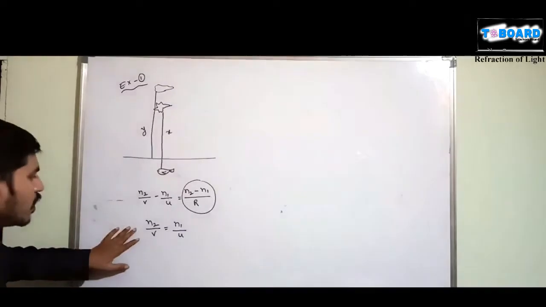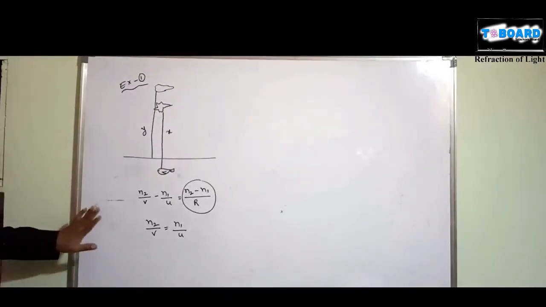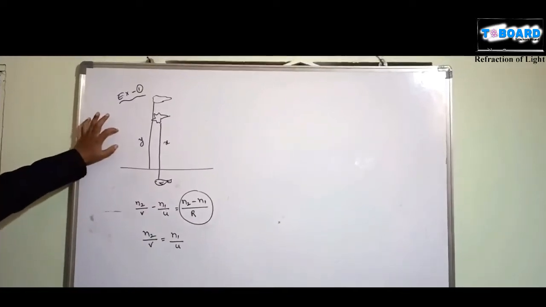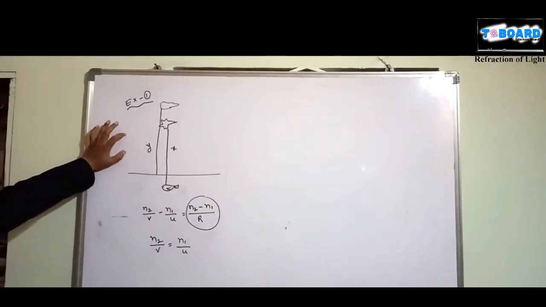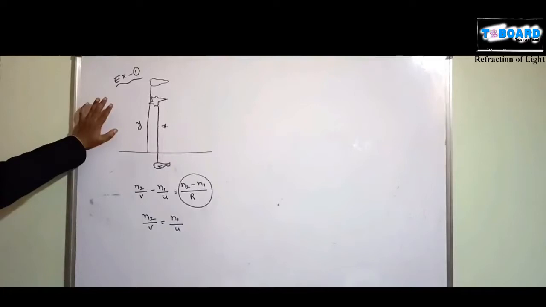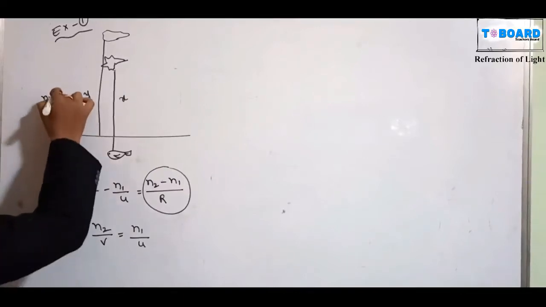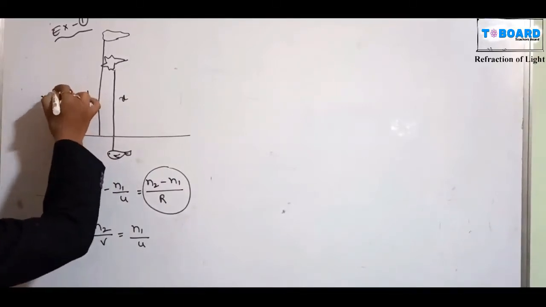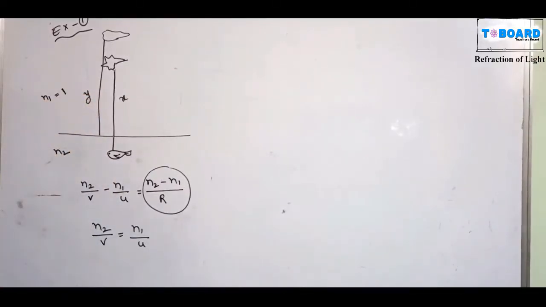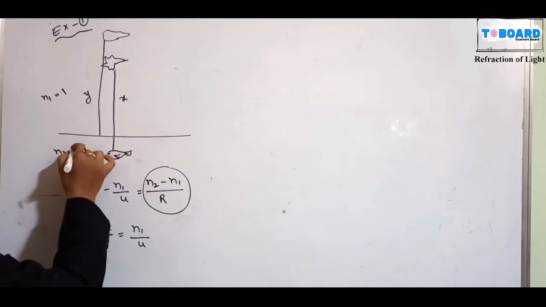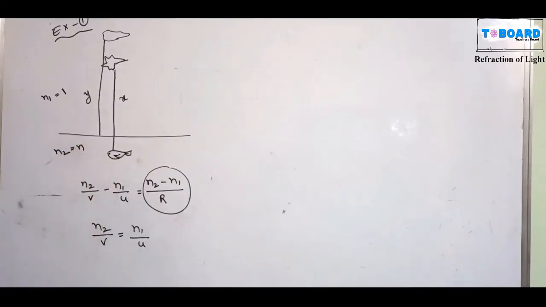In this formula, we have object distance and image distance. The first medium is definitely air, so it should be n1, and this is n2. n1 is equal to 1 here because the refractive index of air is always 1. And for n2, we don't know whether it is water or something else. We don't know the refractive index, so we just call it n.